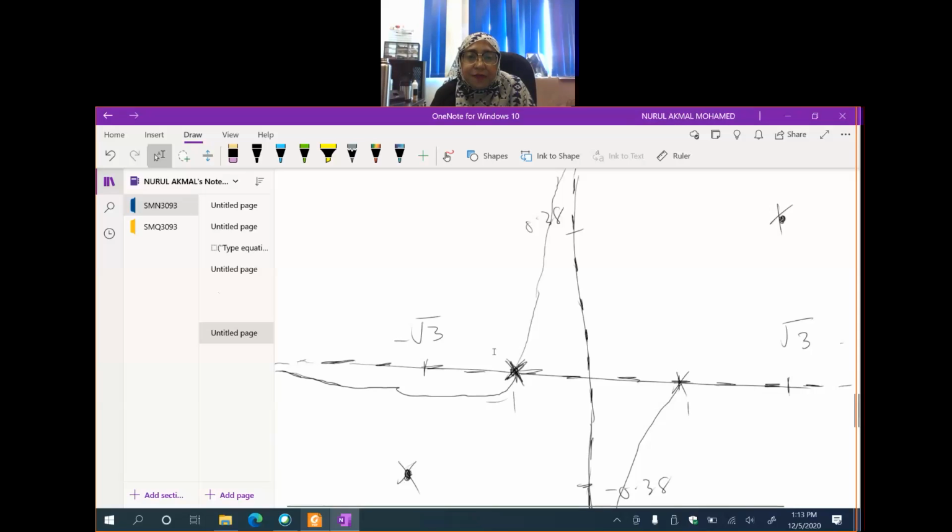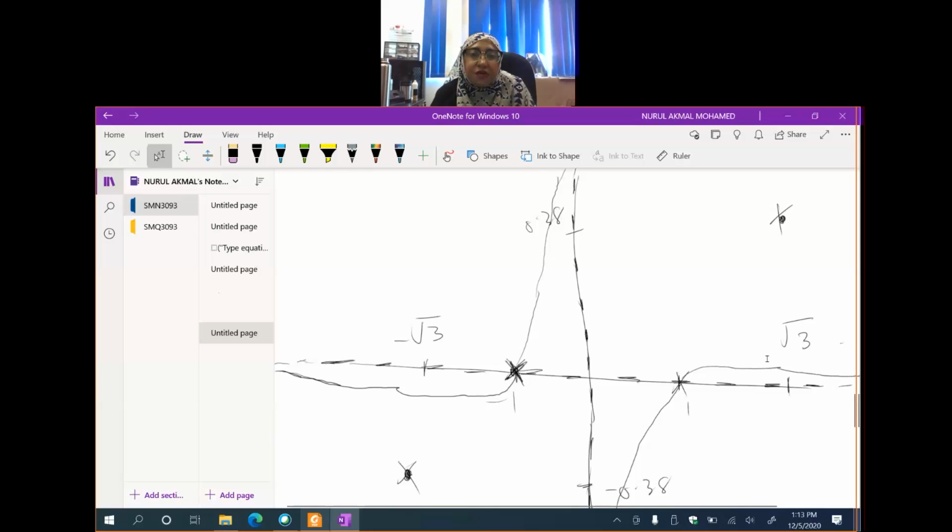And then we should have horizontal asymptotes as well, as x tends to infinity, the y will tend to 0, isn't it? So the graph will look something like that.